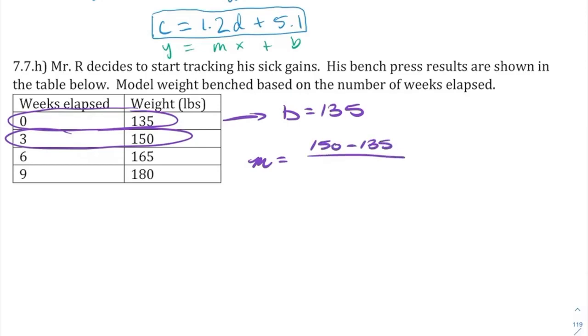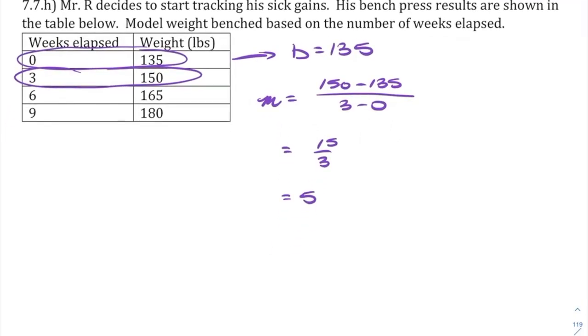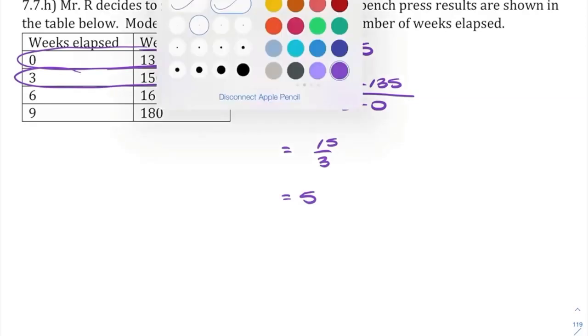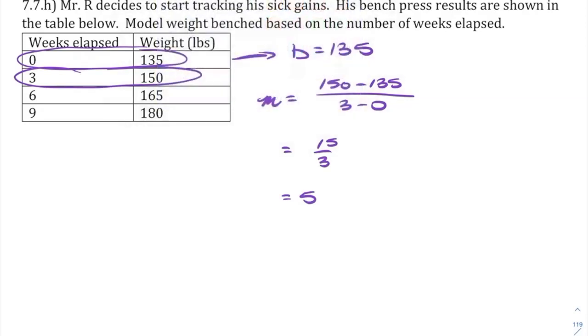This is 1 point. This is another point. And we can use those. So it seems like as an average, he's increasing the weight by 5 pounds every week. Totes realistic. Let's go.